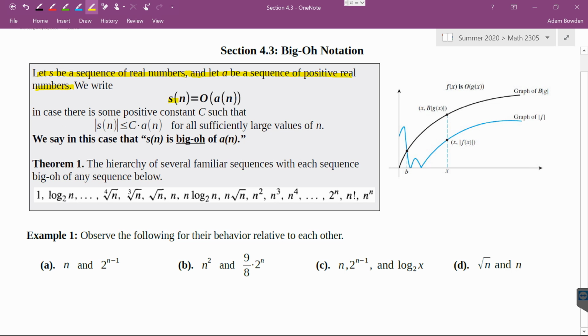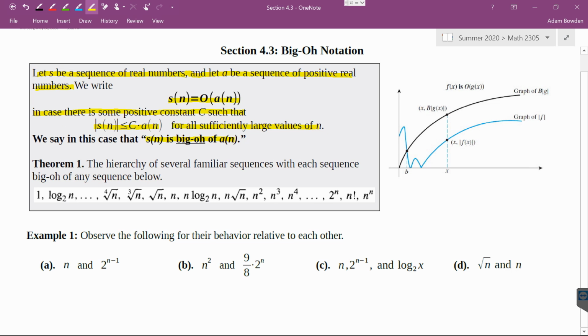We write S of n is equal to big O of A of n in the case there is some positive constant C such that the absolute value of S of n is less than or equal to C times A of n for all sufficiently large values of n. If this is the case, we say that S of n is big O of A of n.